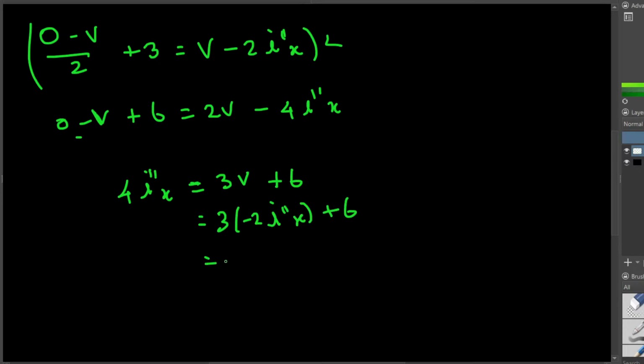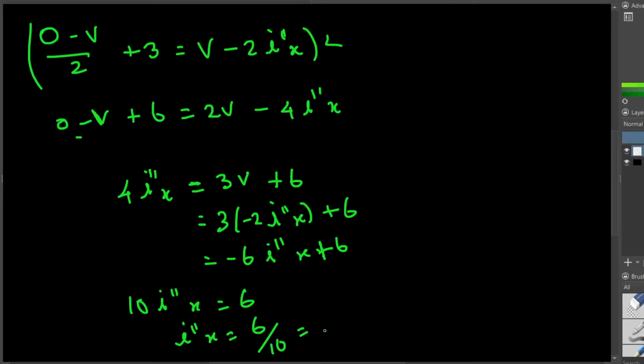If I do that, this minus 6 I double prime x, that is plus 6. Okay, let's bring this double prime x to one side. So 4 plus 6 I double prime x, that's 10 I double prime x, that's equal to 6. Therefore I double prime x is equal to 6 divided by 10, that is 0.6.